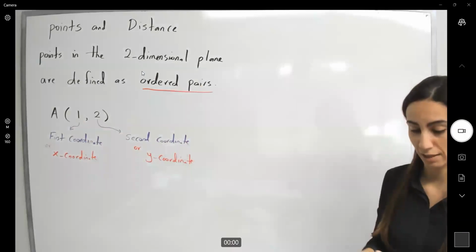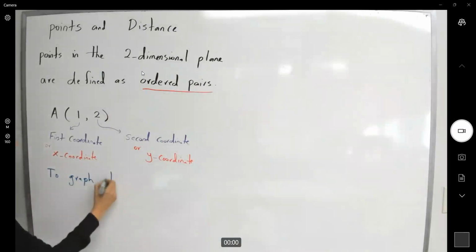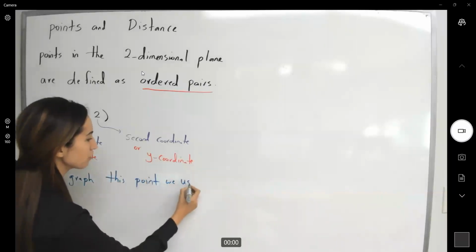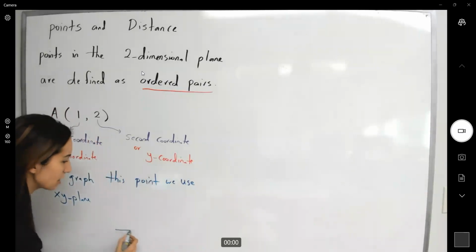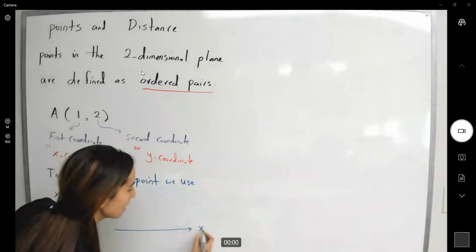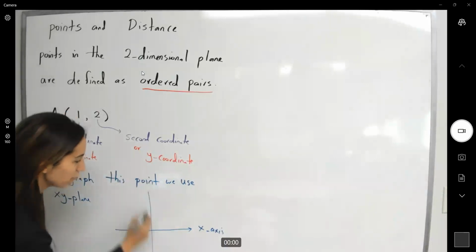How do I visualize this? To graph this point, we use the x, y plane. From algebra, we know that this is my x-axis, the horizontal line, and the vertical line is my y-axis.